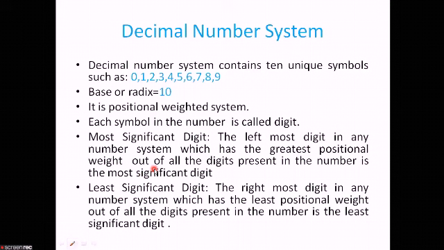That's why it is most significant digit or MSD, and least significant digit or LSD. But in other number systems, it is MSB and LSB, that is most significant bit and least significant bit. I hope the most significant digit and the least significant digit are clear to all of you. We're going to the next slide.